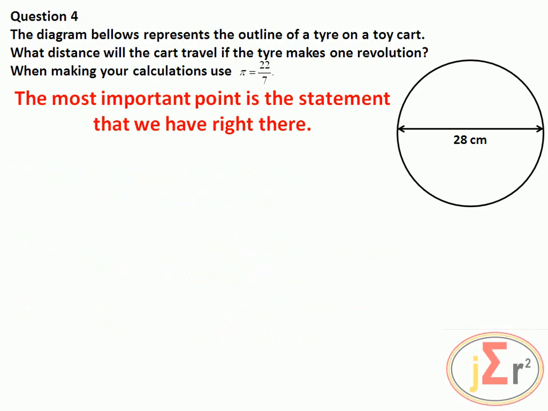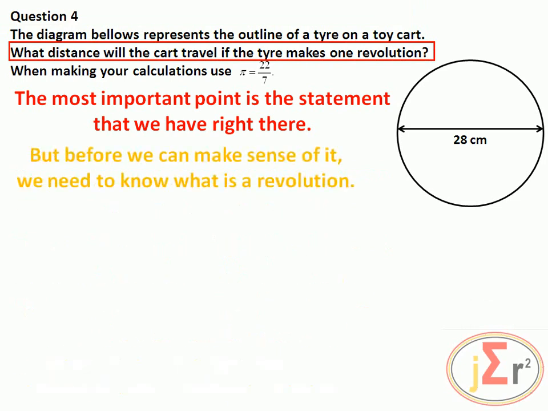The most important point is the statement that we are going to highlight. What distance will the cart travel if the tire makes 1 revolution? Before we can make sense of it, we need to know what is 1 revolution or a revolution. Cannot solve the problem if we do not know what a revolution is.